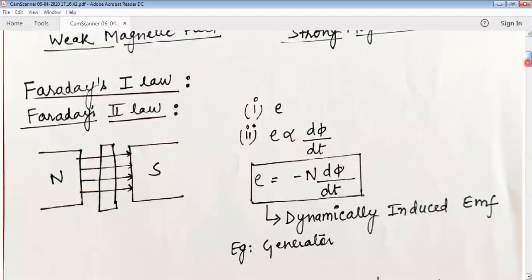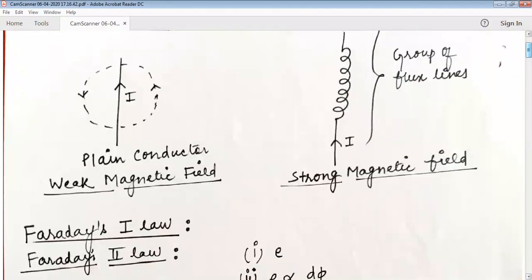Next, let's see the laws from this inductance effect. There are two laws: Faraday's first law and Faraday's second law. Faraday's first law states that when a conductor cuts the magnetic lines of force, an EMF is induced in the conductor. Because of the current flowing in the conductor, a weak magnetic field is produced, and because of that magnetic field, flux will be there.